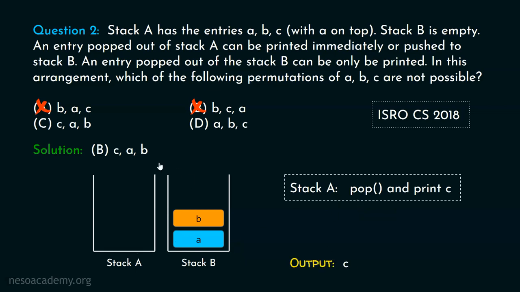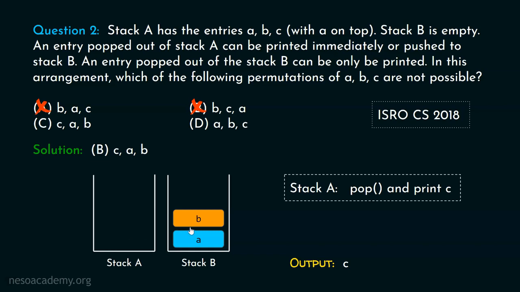Now we want that element A must be printed, right? But you can see this that we cannot print this element A. The topmost element of the stack is B and not A. Let me tell you, according to the question, an entry popped out of stack B can only be printed. We cannot do this, that we can pop this element out of stack and push this over here in stack A. This is not allowed, right?